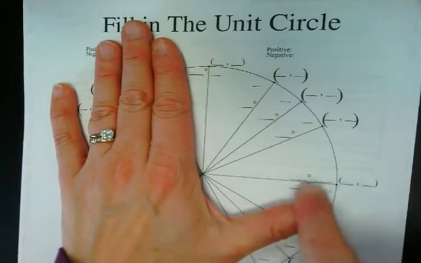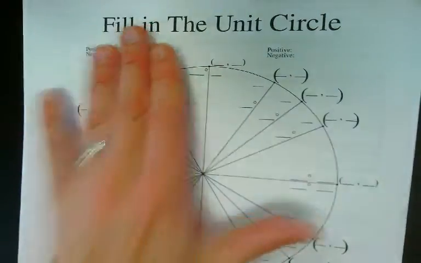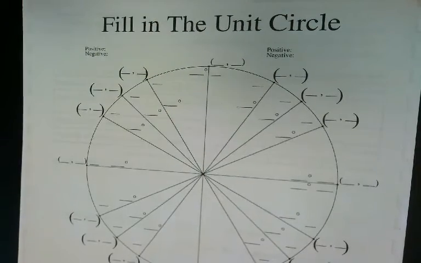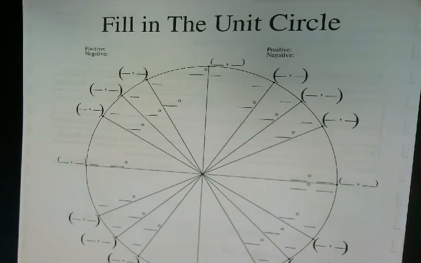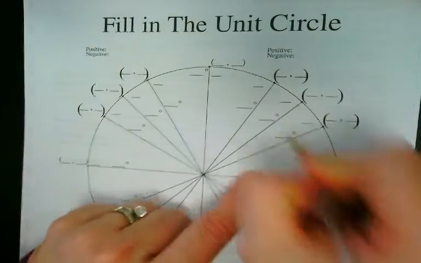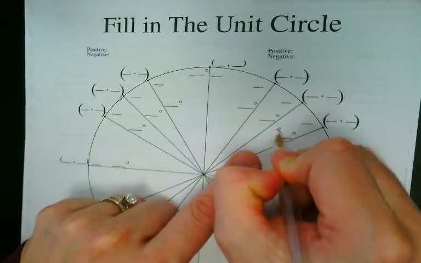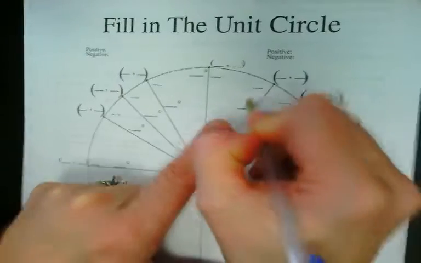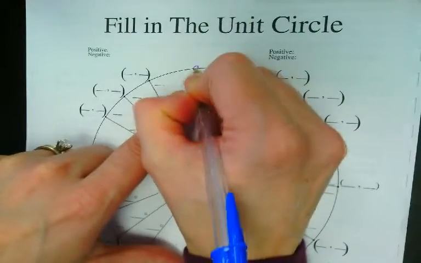Just label, start here, and just label all those degrees from here to here. Because if you got that, you can get any quadrant. We start at 0, what's this one? 30, 45, 60, and up to 90.